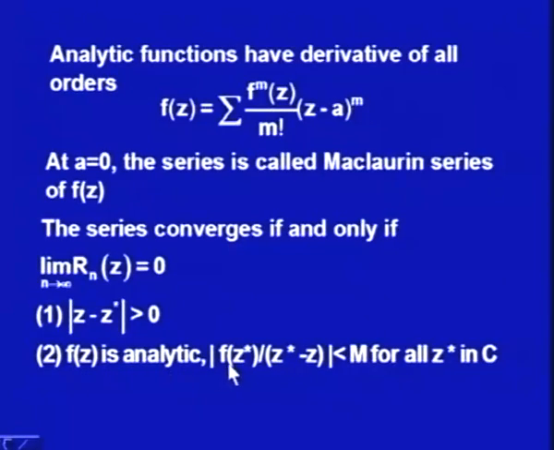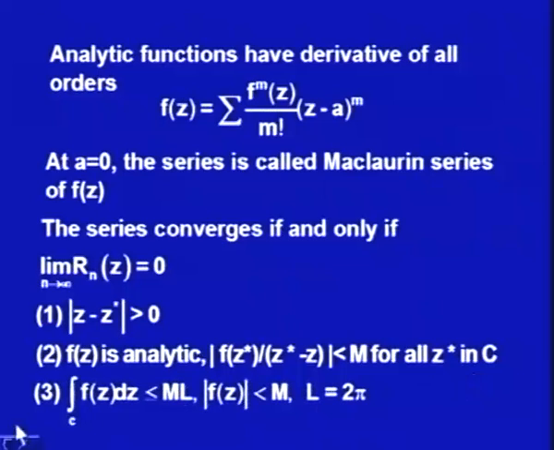That means, f(z star) over (z minus z star) is less than M for all z star in C, and third is that the modulus of the integral of f(z) dz is always less than or equal to M times L, where modulus of f(z) is less than M and L is the length of this closed curve C, C being a circle. So, L is equal to 2 pi. If it is a unit circle, then L is equal to 2 pi.